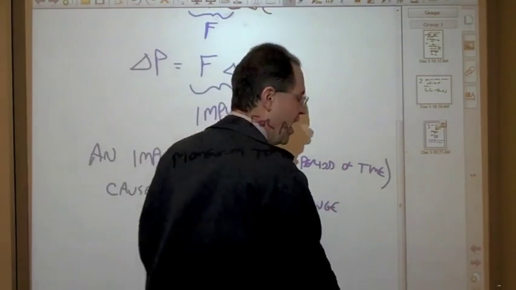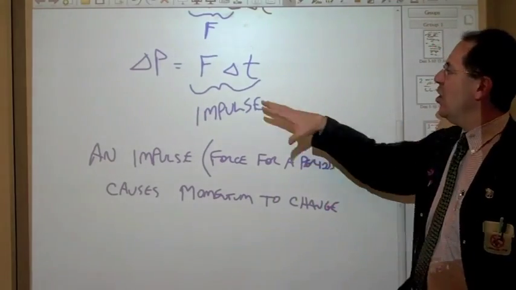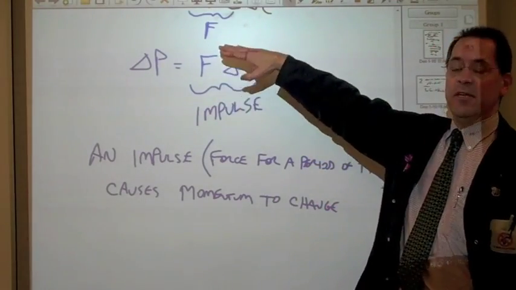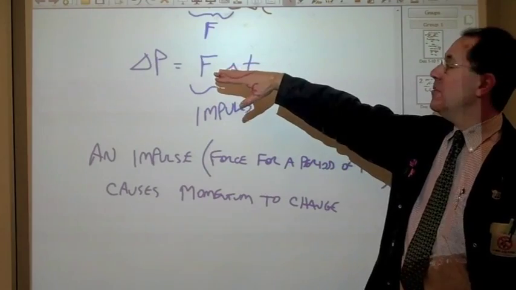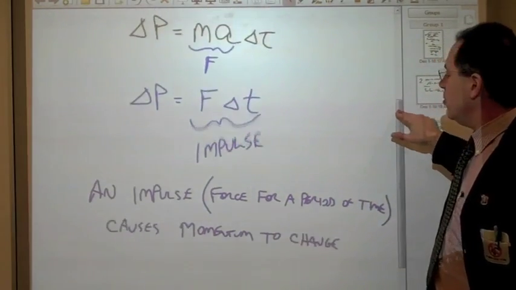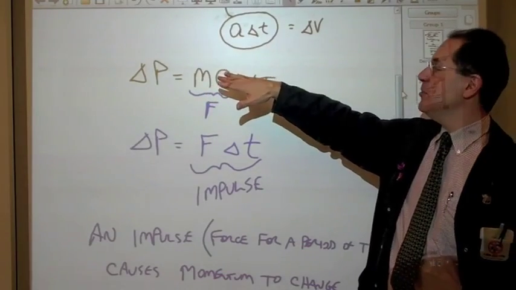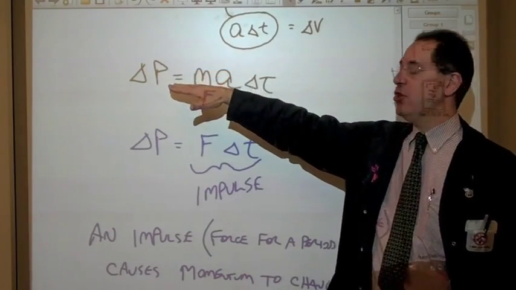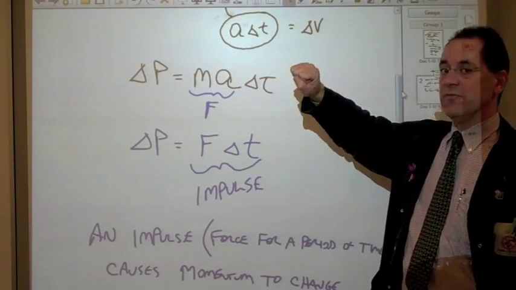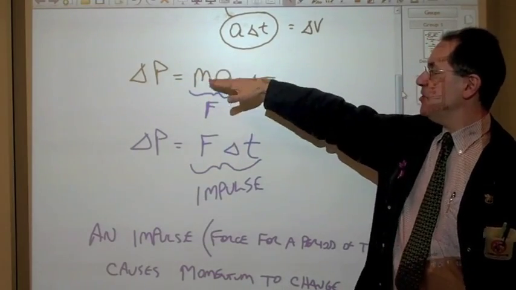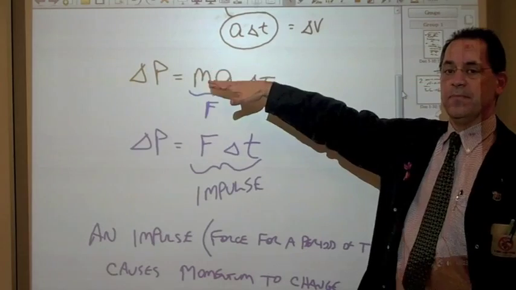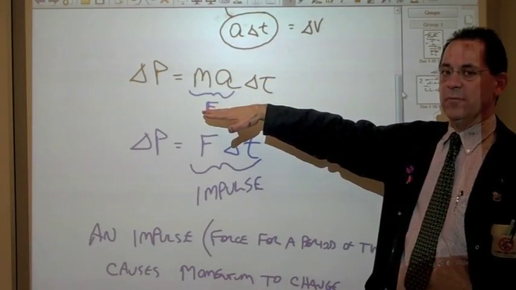You can see how Newton's second law, F equals ma, actually fell out of this, because Newton was looking at how momentum changed. And he was able to determine that in order to get momentum to change, you have to apply a force for a period of time. And this is where the second law actually came from, right from this equation right here.